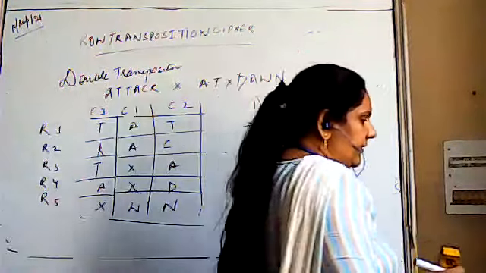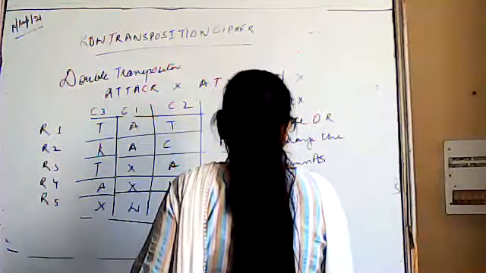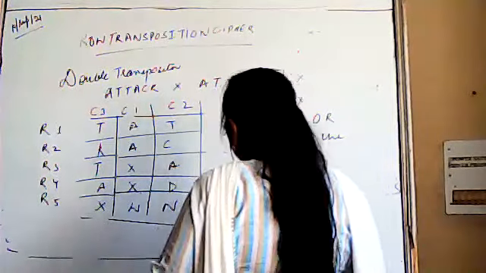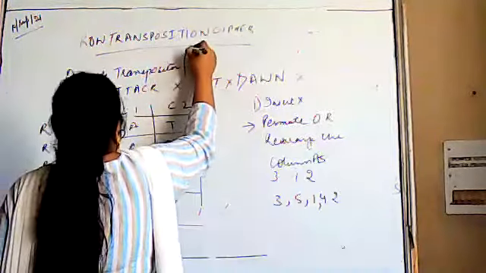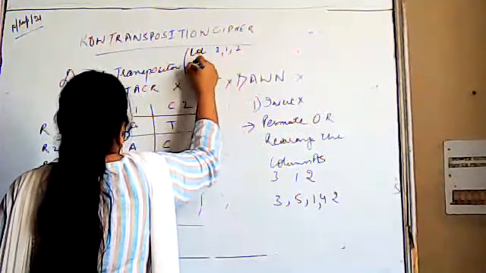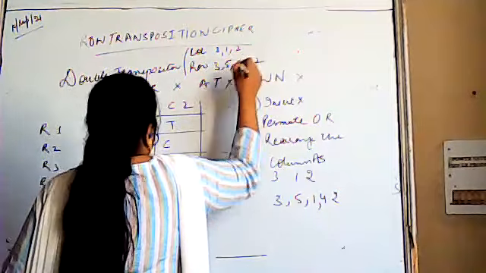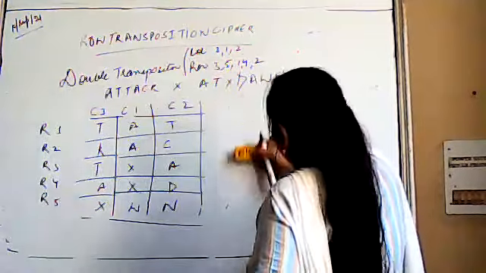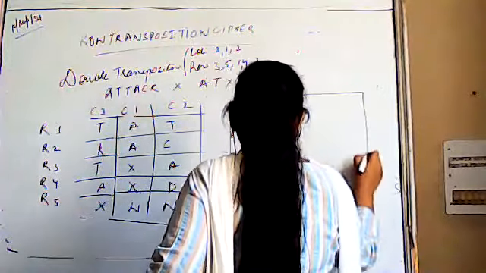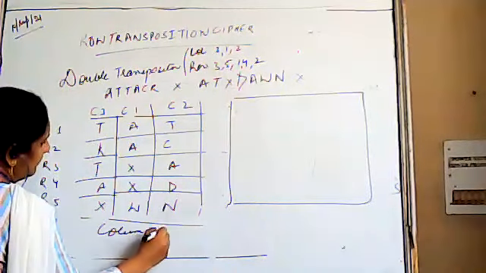Now for the row side, what I will do is this way: 3, 5, 1, 4, 2. Column is 3, 1, 2. Then row is 3, 5, 1, 4, 2. So let's do this. This is column transposition.